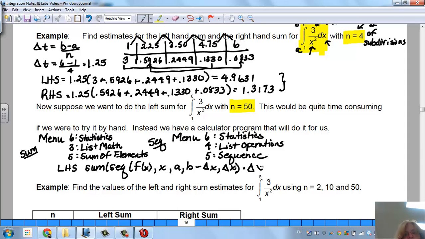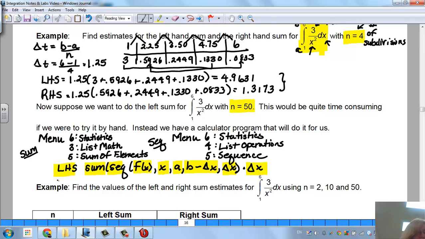So let's try that again. Your left-hand sum is sum sequence. Then you're going to put your function in terms of x. This is your beginning point. You're going to end 1 short, so you can say b minus whatever my change in x is, which is my delta x, times delta x.